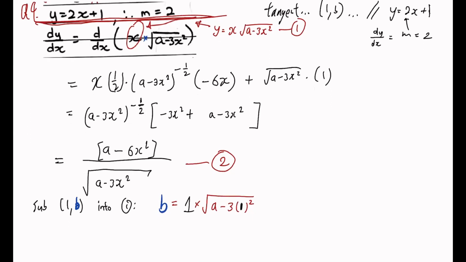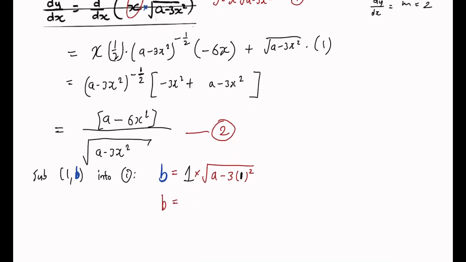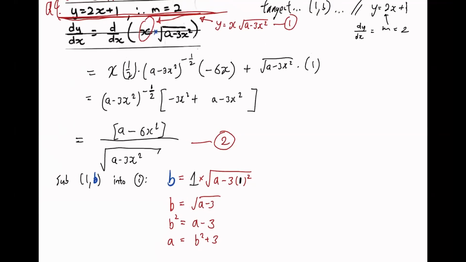Okay. Then we can simplify. So b equals square root of a minus 3. Square both sides, b squared equals a minus 3. I think I will just leave it alone now. If I need to, I can make a the subject, so b squared plus 3. Not sure if that's required. I'll just leave it. Then I move on to the next piece of information we have.